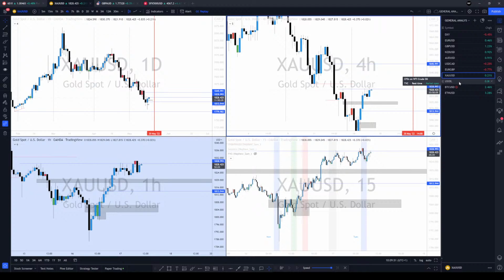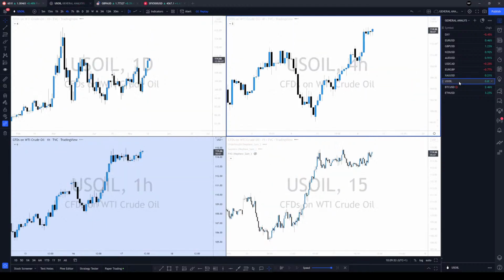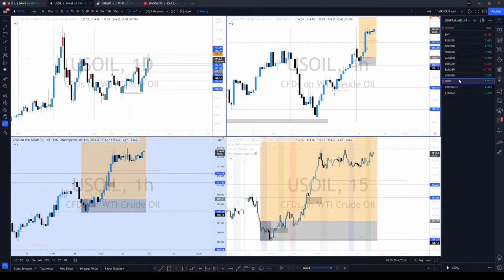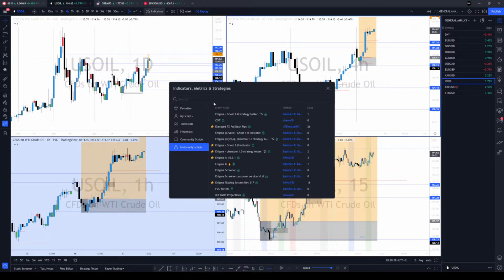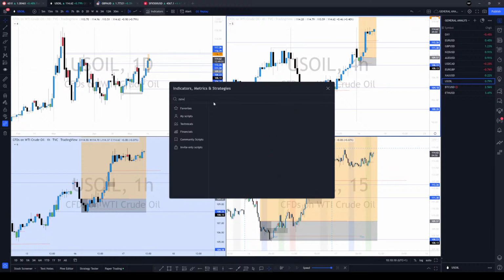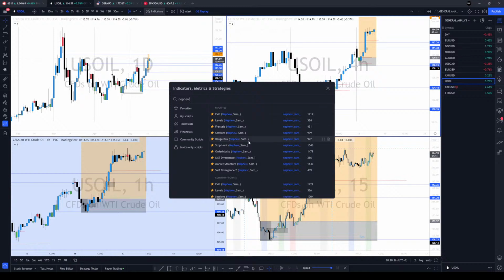Do you understand now? The indicator is, I think I mentioned it, but you probably weren't able to find it. So if you go to indicators and you type in nephew Sam, right? It will come up with the auto blocks.